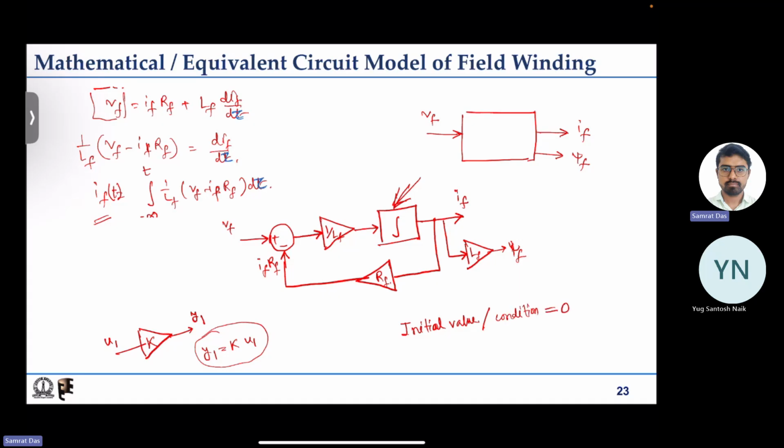The idea is, when simulation is starting, your starting current is 0, and afterwards, with the application of voltage, there will be some change in current. So this is how to first model the field winding, then how to simulate that in an environment such as Simulink.